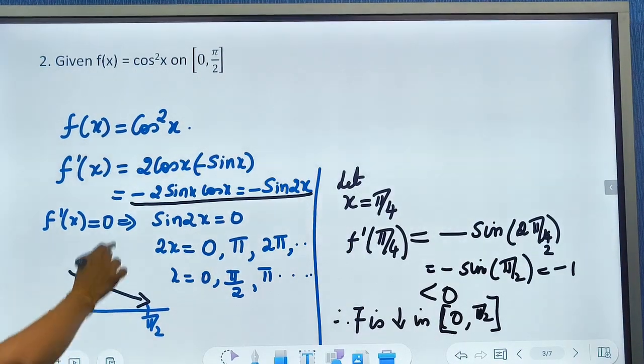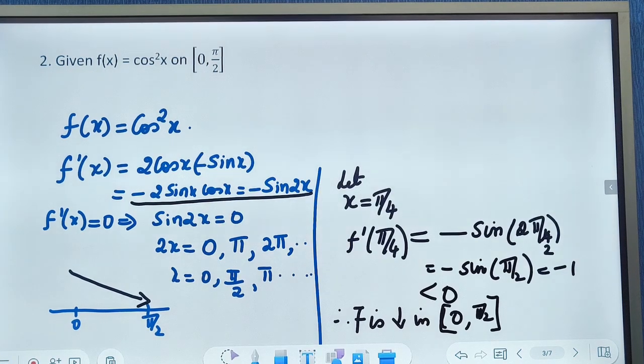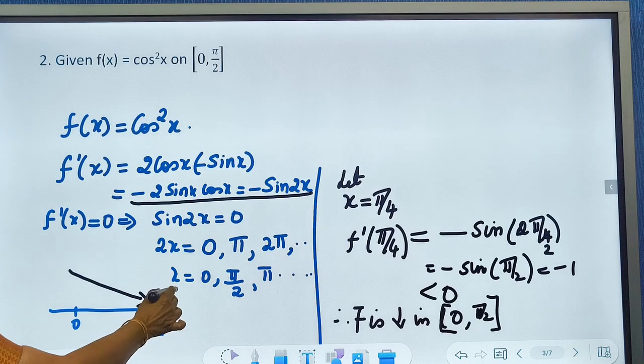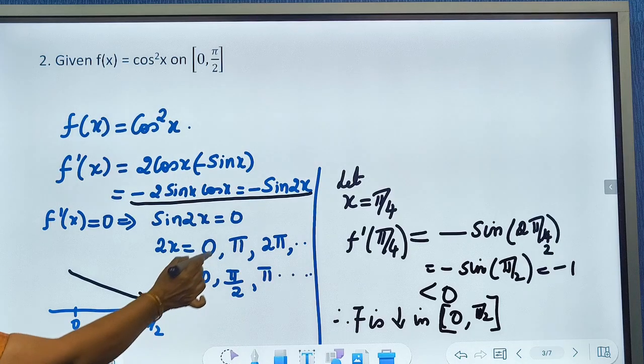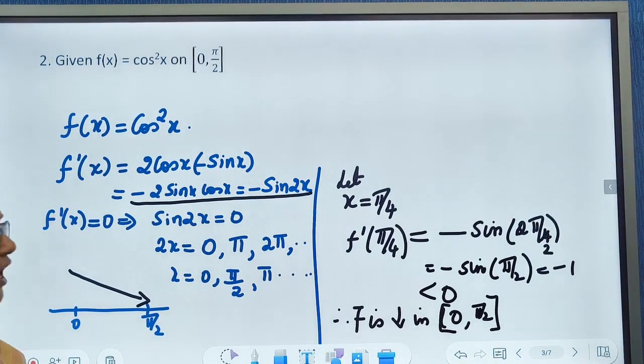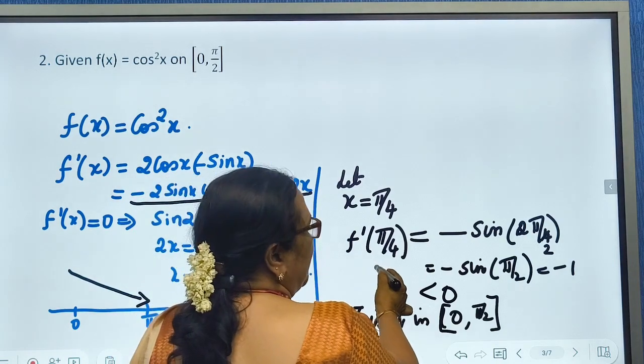How did we do this? We differentiated and got minus sin 2x. If sin 2x is equal to 0, we got x equal to 0, pi by 2, pi, etc. Then we are only interested in the interval 0 to pi by 2. Within that interval, I took a value pi by 4 and looked at the sign of f dash of pi by 4.